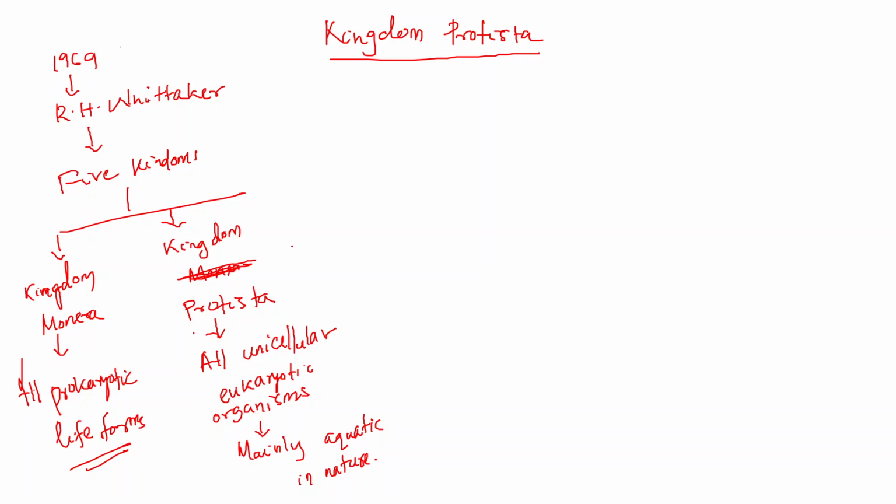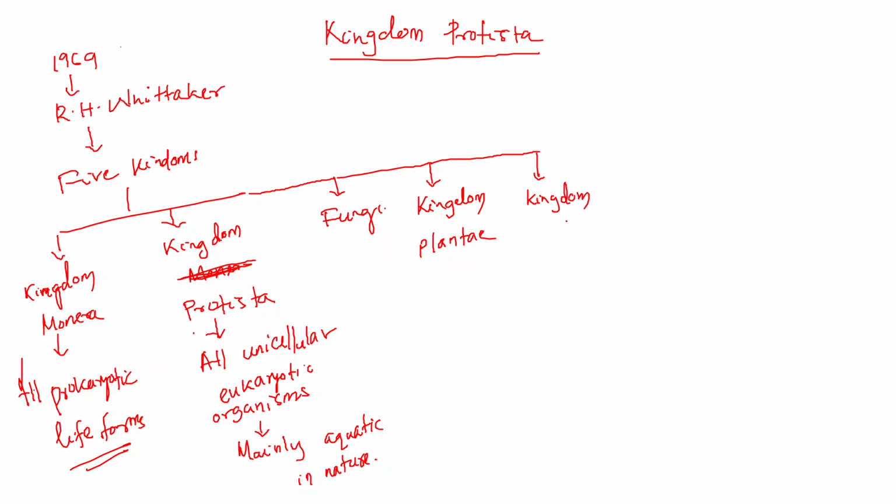The other three kingdoms are kingdom Fungi, kingdom Plantae, and kingdom Animalia. According to R.H. Whittaker's classification, there are only five kingdoms in our living world.